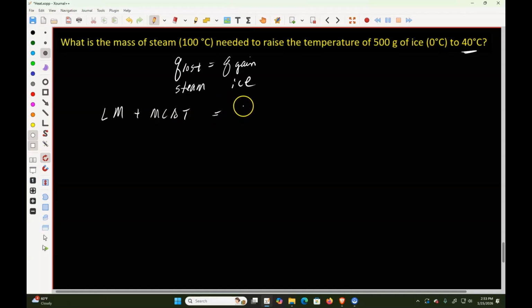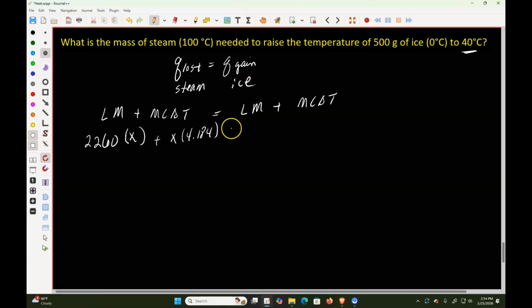Okay, I have to melt the ice and then take the ice melt to 40 degrees. The latent heat is 2260 times some unknown amount of steam plus this unknown amount of steam times 4.184 times the change in temperature.